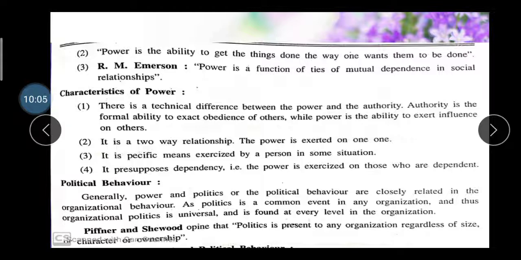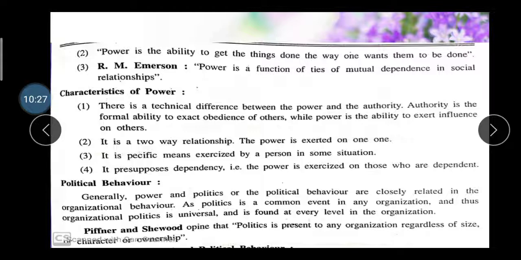Generally, power and politics, or political behavior, are closely related in organizational behavior, as politics is a common event in any organization. Organizational politics is universal and is found at every level in the organization, from top level to bottom level.